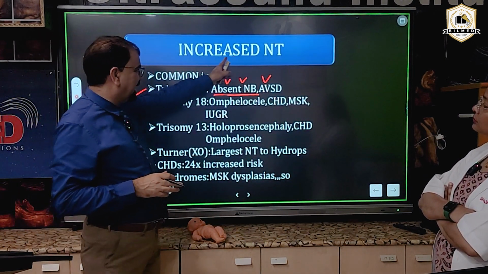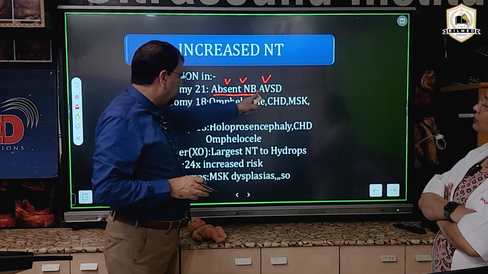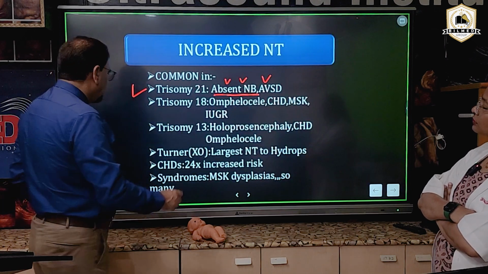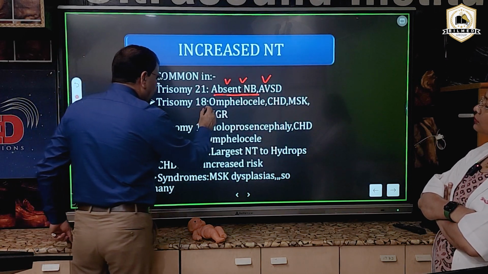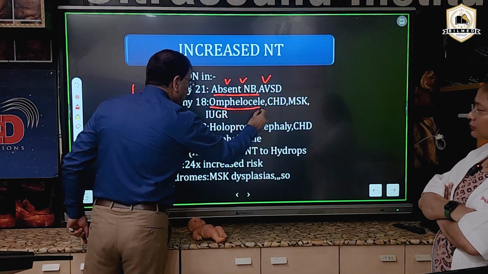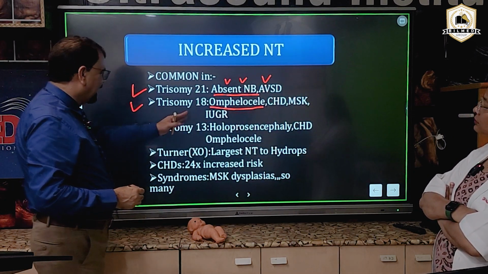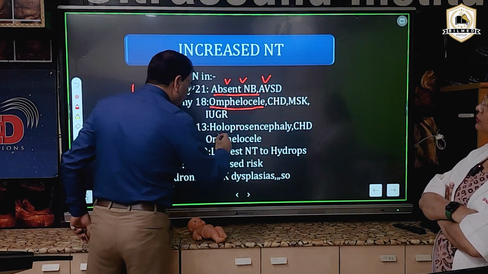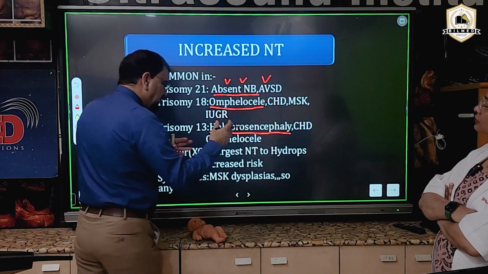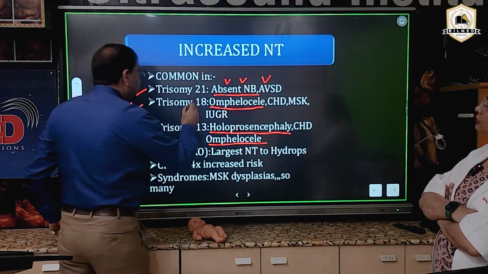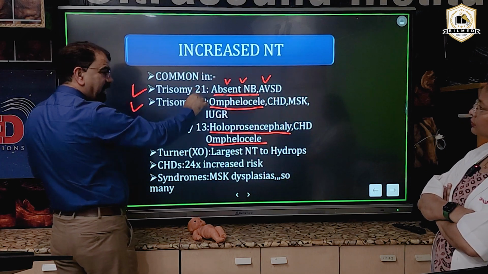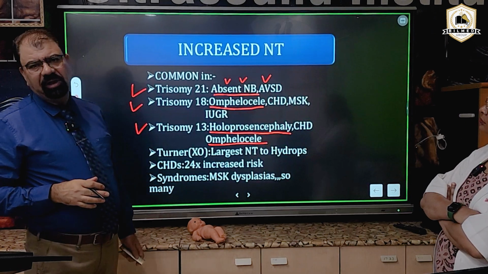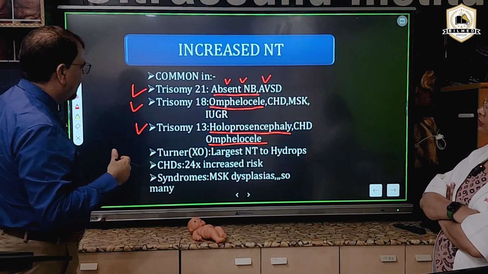So if you are having an increased NT with AVSD and an absent nasal bone, you may be dealing with trisomy 21. And in trisomy 18, if you are having an omphalocele, then you may be dealing with trisomy 18. And if there are holoprosencephaly features plus the omphalocele along with the increased NT, you may be dealing with trisomy 13. So this way you have to think if you are having an increased NT.